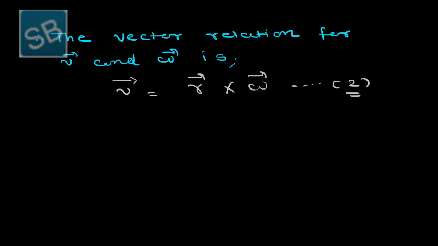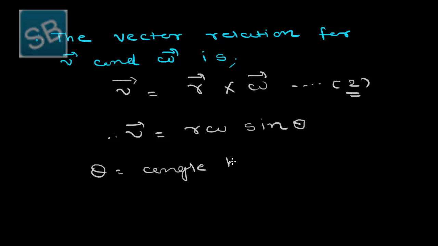But here one thing you should consider: when this cross product is evaluated, you can write it in the simple form of r omega sine theta, where theta is the angle between vector r and vector omega.